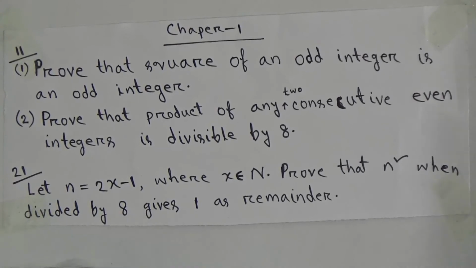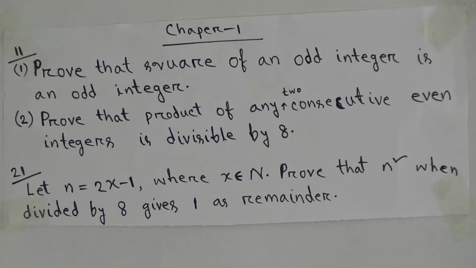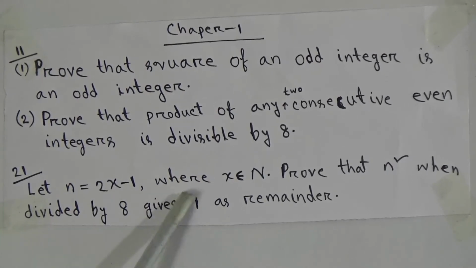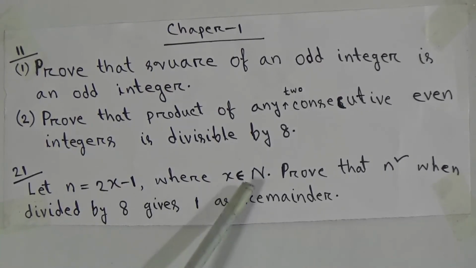Dear students, here the question is n equal to 2x minus 1, where x belongs to the set of natural numbers. Prove that n square when divided by 8 gives 1 as remainder.